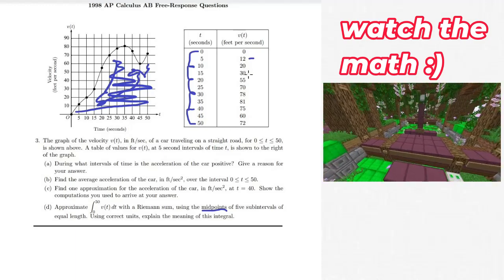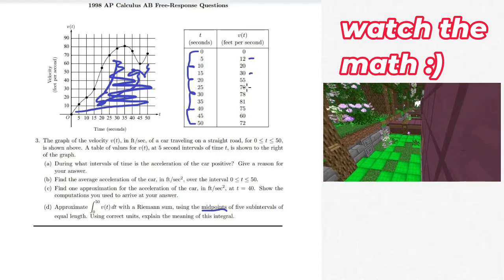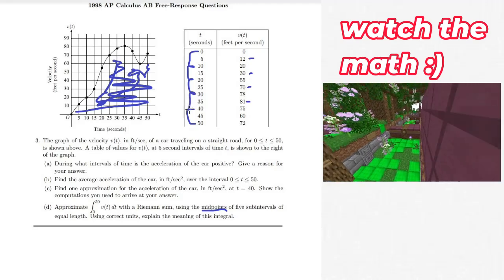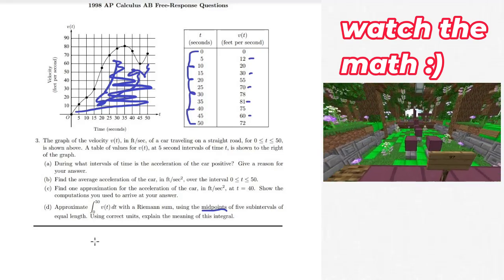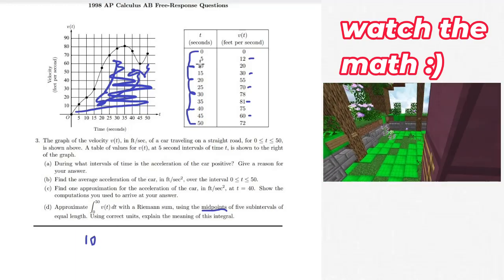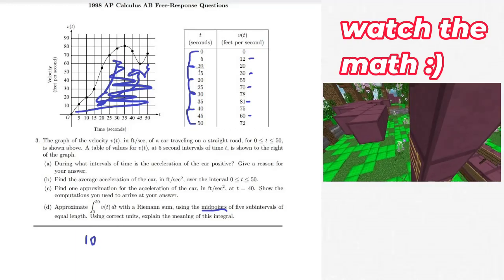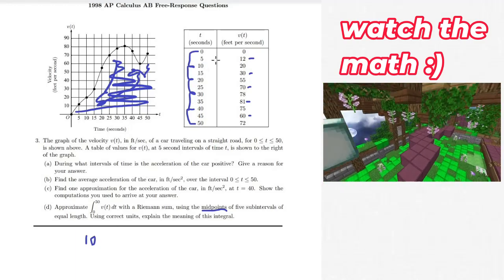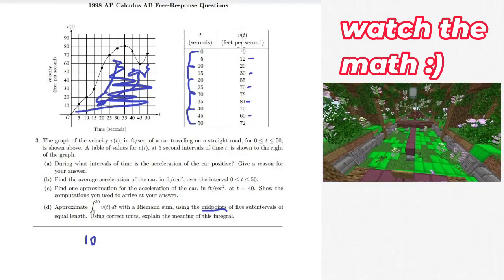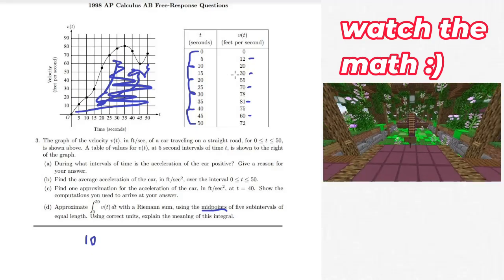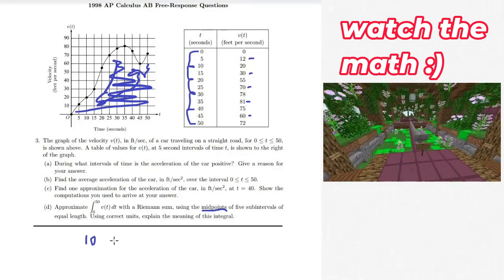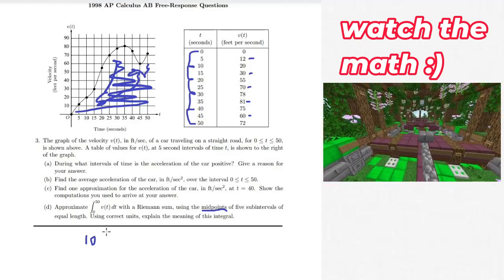Here's 15, and it just goes on like this down through the rest of the pattern. So these numbers are going to be plugged in. So instead, I'm just going to factor 10 out, because if you remember, it's going to be each interval times the sum of these things. So this would normally be 10 times 12 plus 10 times 30 plus 10 times 70, but it's a lot easier if I just do it this way.